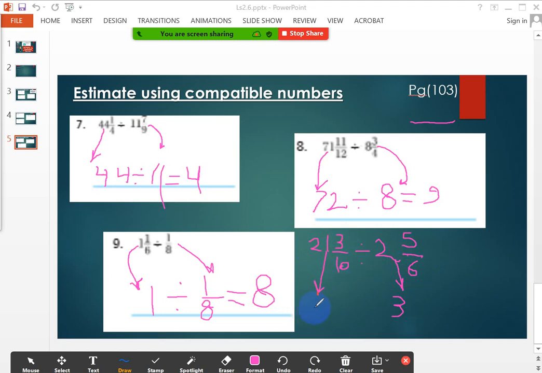So what is the number? It will be 21. Now divide 21 by 3. The answer will be 7. Very good. So this is the estimation. Thank you so much.